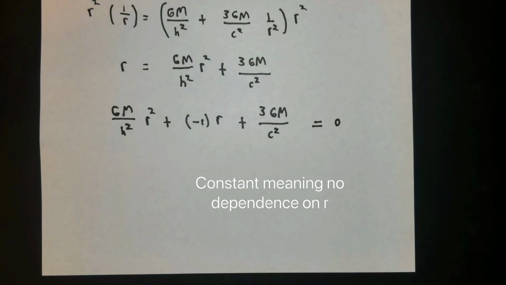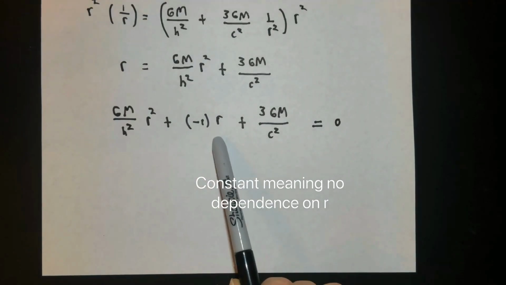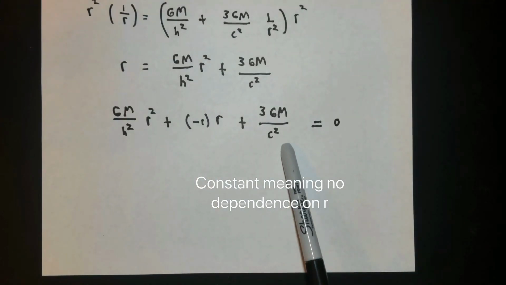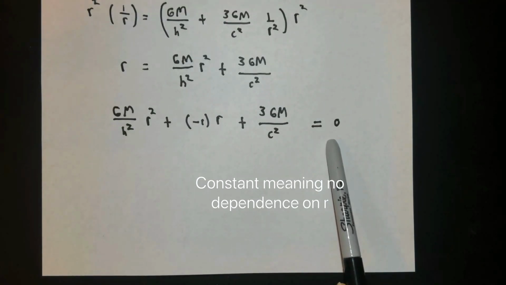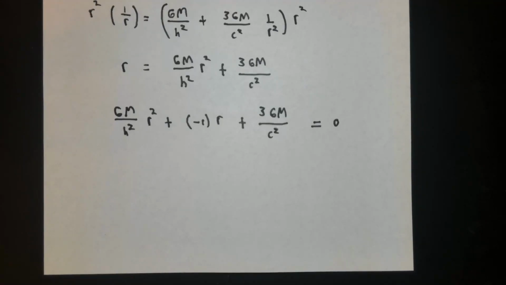Multiplying through by r squared and rearranging terms, we find out that a constant times r squared plus a constant times r plus a constant must be 0. This is a quadratic equation for r, so it should be easy enough to investigate its solutions.